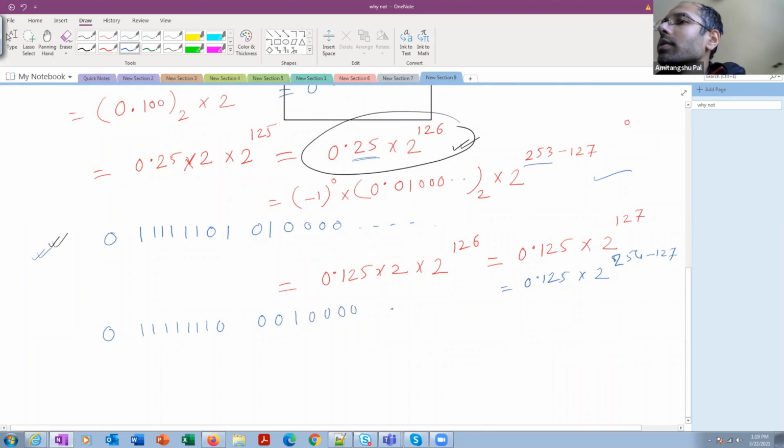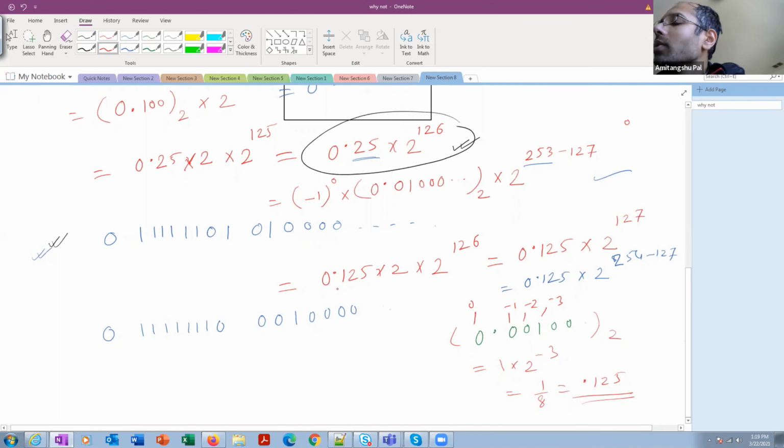Okay, because if we represent this mantissa part, it is going to be 0.001 all zeros. So 0.001, this is 0, this is -1, this is -2, this is -3. That means this is going to be equal to 1 into 2 to the power -3, which is 1 by 8. 1 by 8 is 0.125.